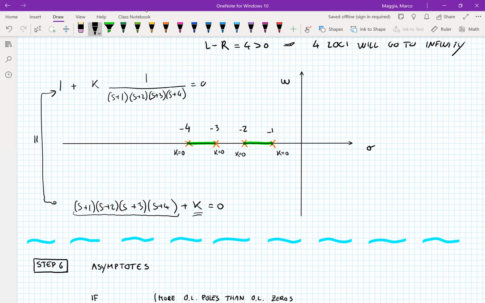That's quite straightforward. But then if we increase k, we're going to have different values of the closed loop poles.